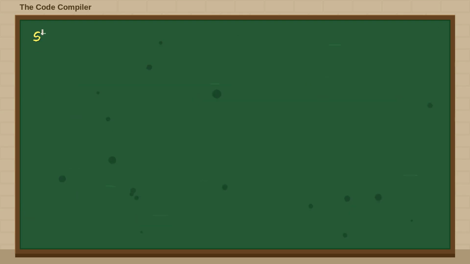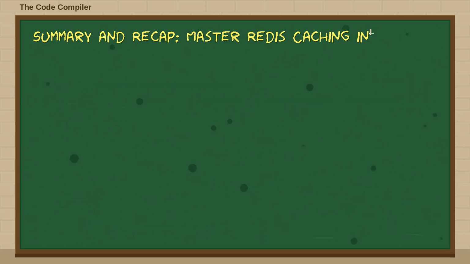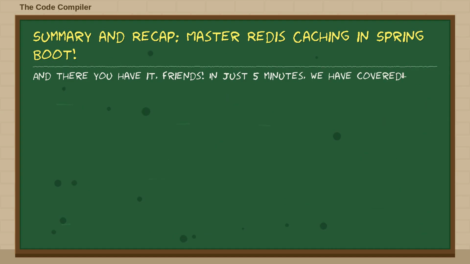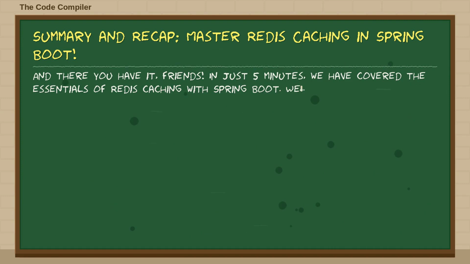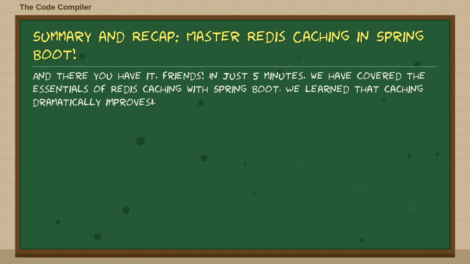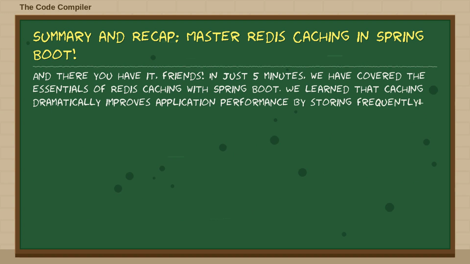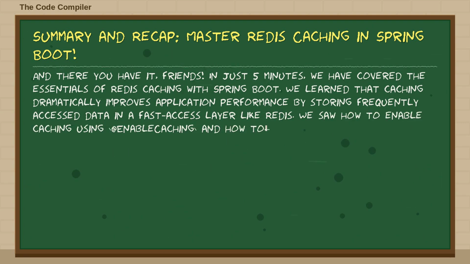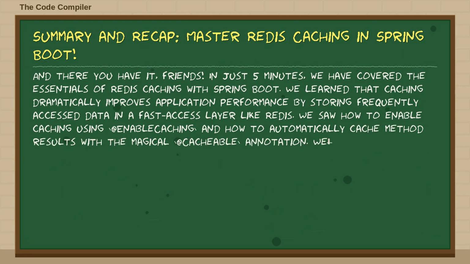And there you have it, friends. In just 5 minutes, we have covered the essentials of Redis caching with Spring Boot. We learned that caching dramatically improves application performance by storing frequently accessed data in a fast-access layer like Redis. We saw how to enable caching using @EnableCaching and how to automatically cache method results with the magical @Cacheable annotation.